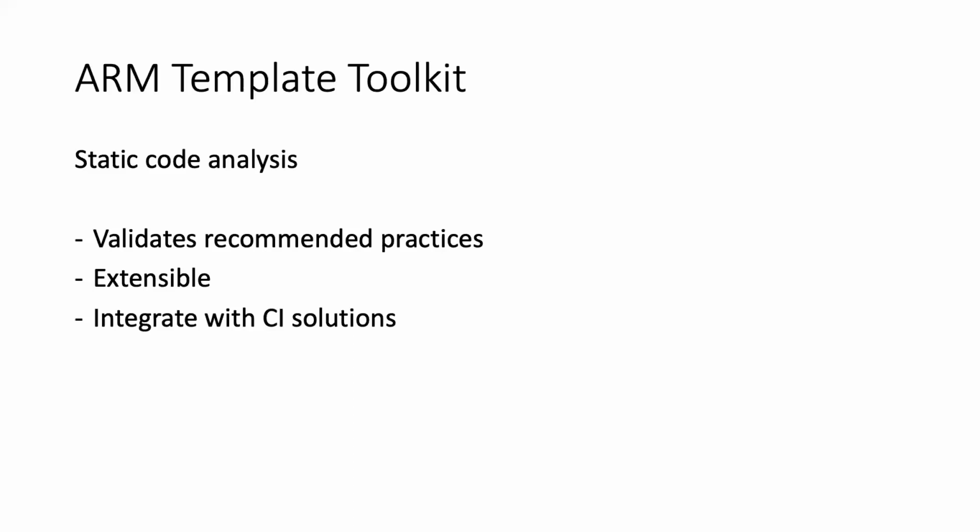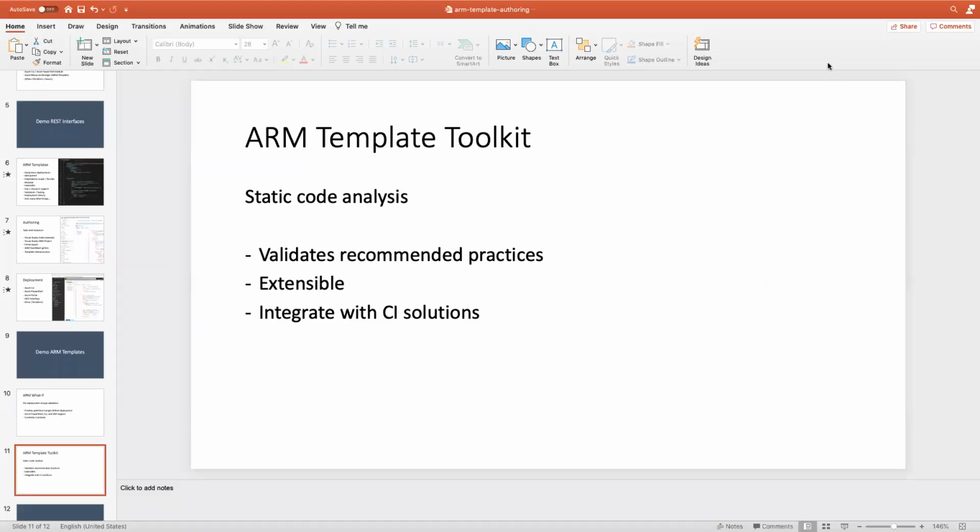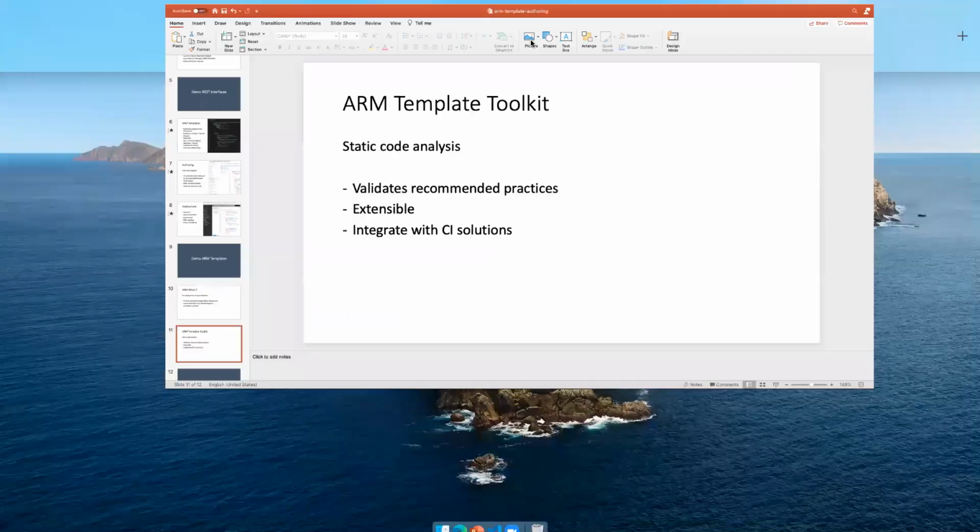In particular, community members built an extension that in a very slick way integrates this with Azure DevOps CI pipelines. But just based on the tooling nature, you could conceivably use this in any CI solution to make sure that you're enforcing the practices that you want to enforce prior to deployment. And we'll take a look at both of these in a demo.